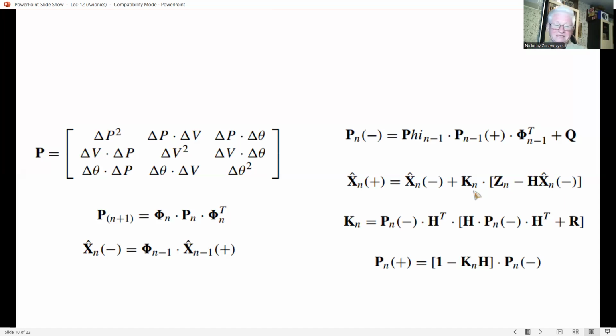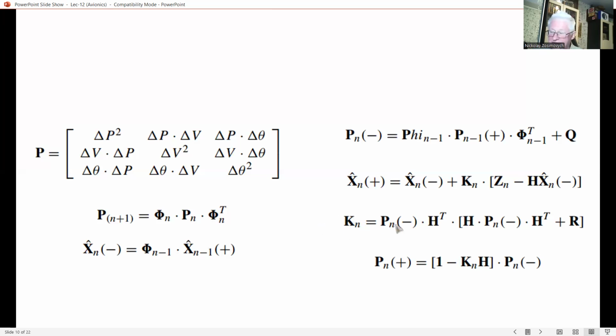In this case, the weighting factor, or Kalman gain, is calculated from the current estimate of the error covariance in this expression.